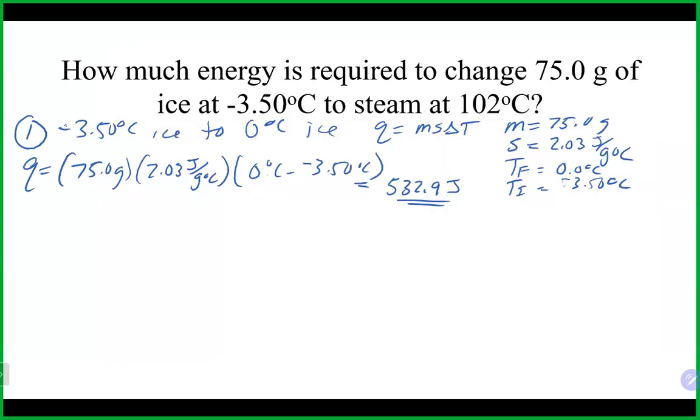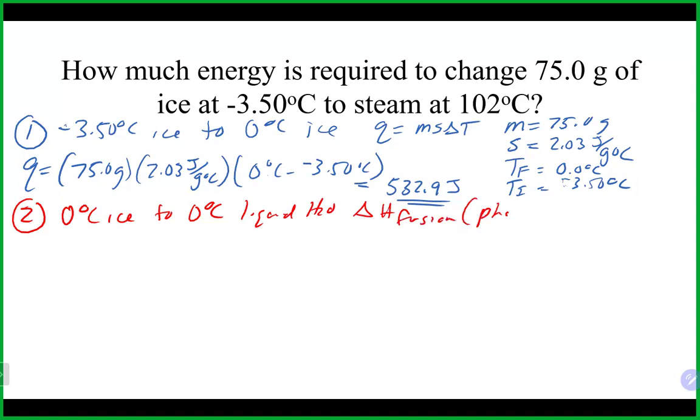And if we do that, 0 degrees Celsius ice to 0 degrees Celsius liquid water, our delta H of fusion, or our phase change that's happening here, we would take our 75 grams of ice and multiply it by the heat of fusion. I'll use the joule number here since we're doing joules.